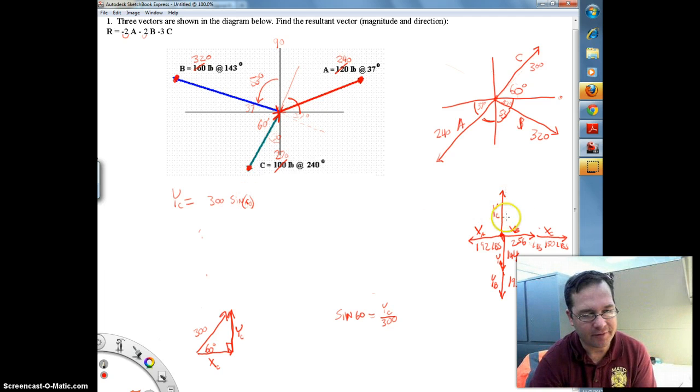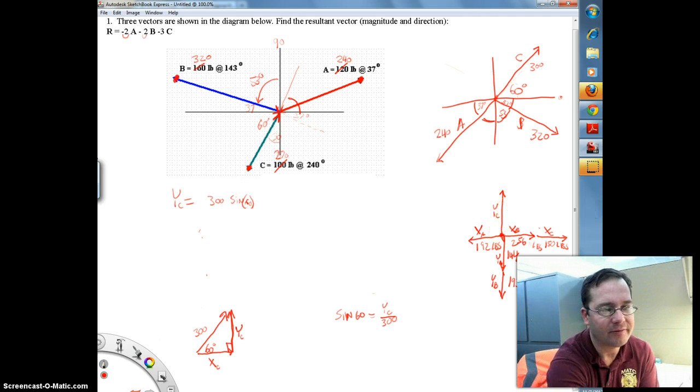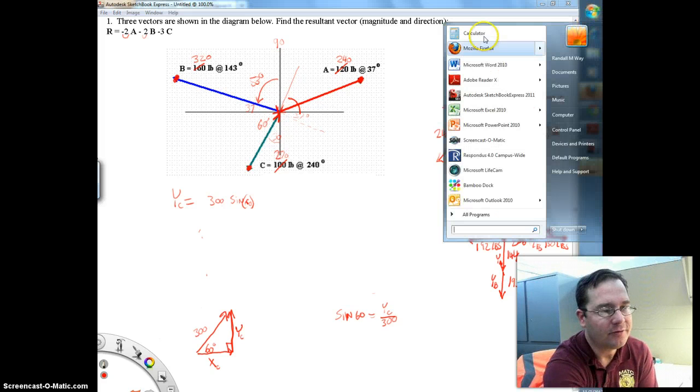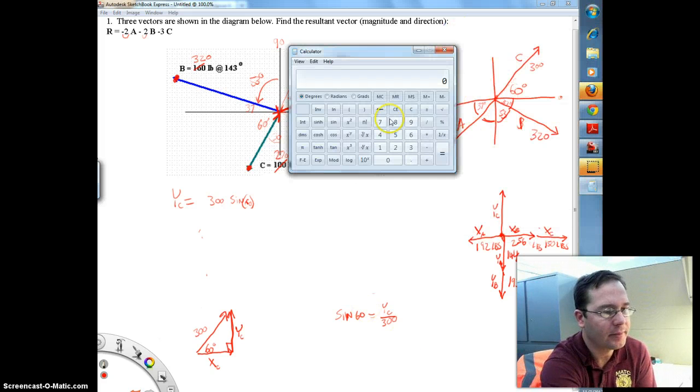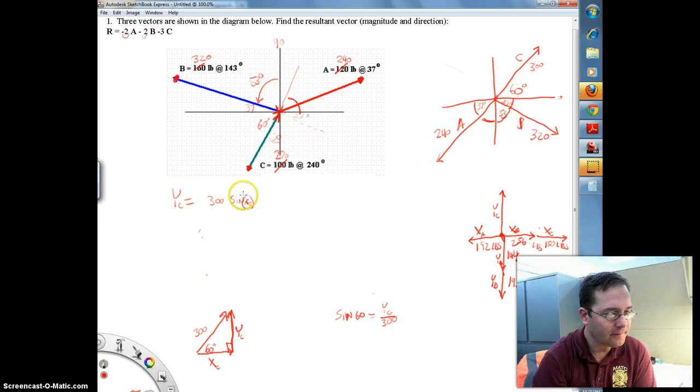I've already drawn that vector into this free body diagram, although I've not given it a magnitude. So we'll calculate that right now. 60 degrees, take the sine, multiply by 300, and we get a value of about 260 pounds.